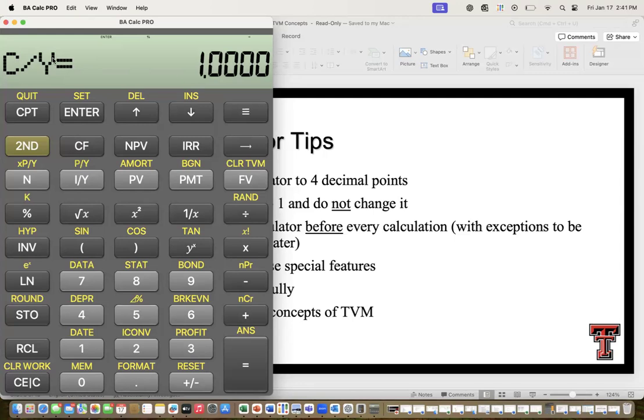We'll talk about how to adjust that later as well. Okay, so again, if you're not set to 1 right now, hit the number 1, then press enter, and then again, you can clear twice. Okay, we'll talk about some other functions in a lot more detail, but this at least gets you set up to where we are working on our calculator problems using the same formatting.